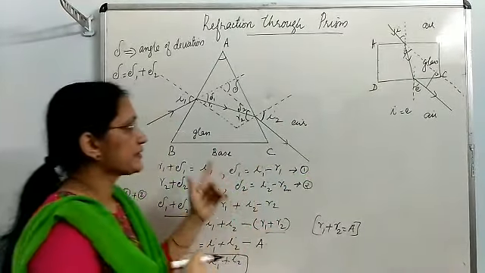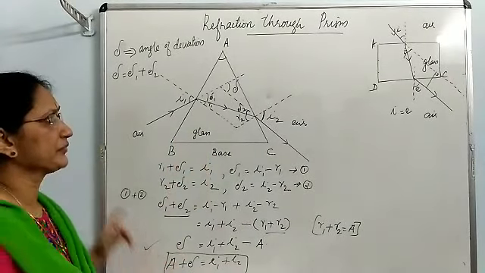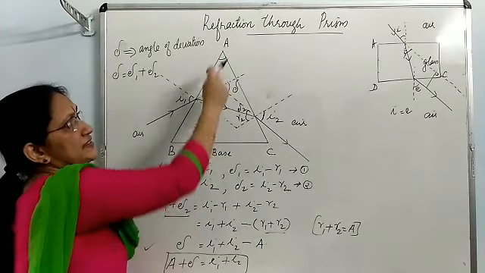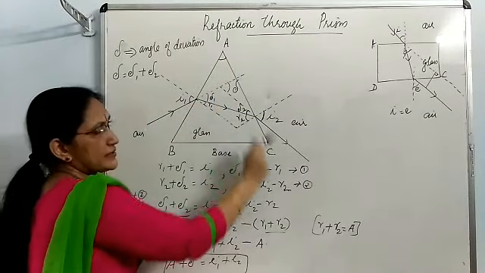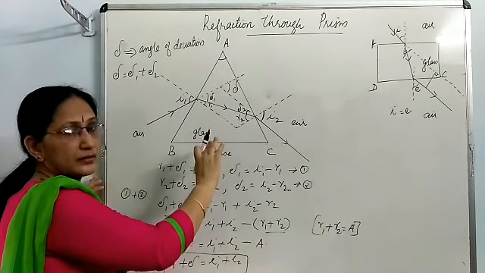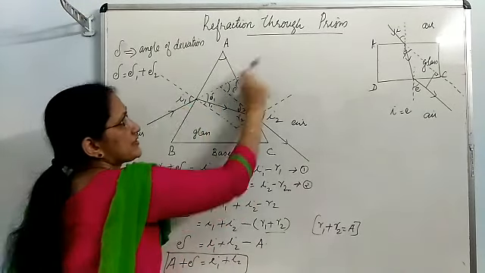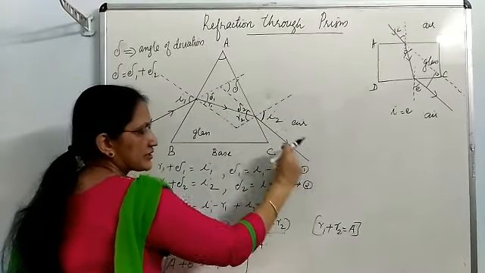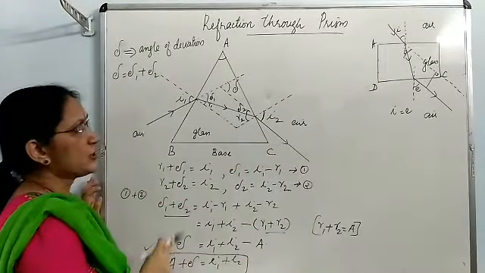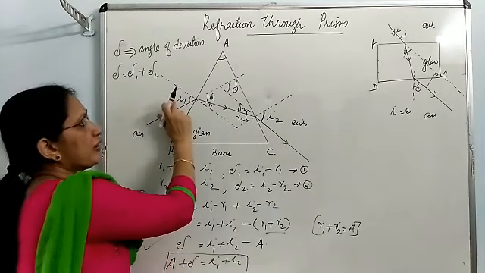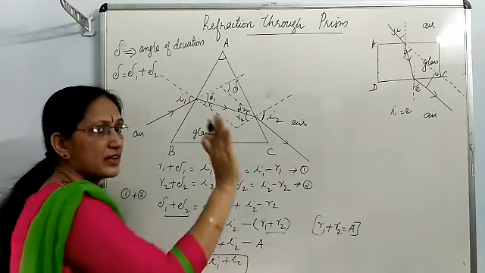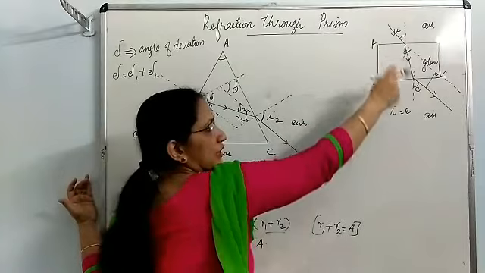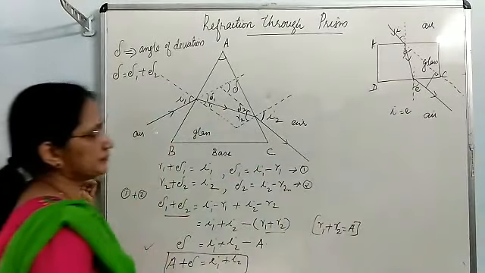Here, look at this diagram. The two refracting surfaces are AB and AC. They are not parallel. That is the reason why the extended incident ray and the emergent ray are not parallel. So remember, in this case, the angle of incidence and angle of emergence are not equal, but it is equal in the case of a glass slab.